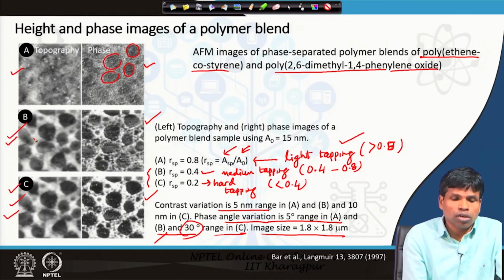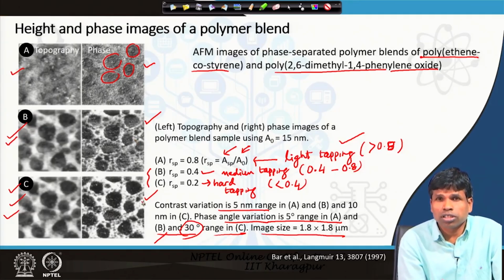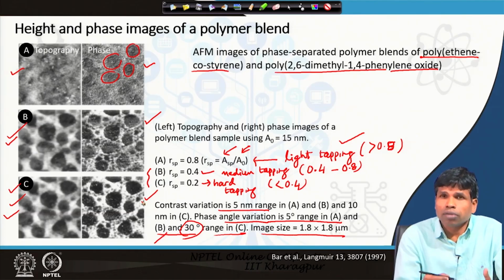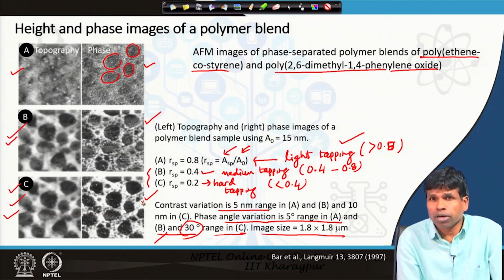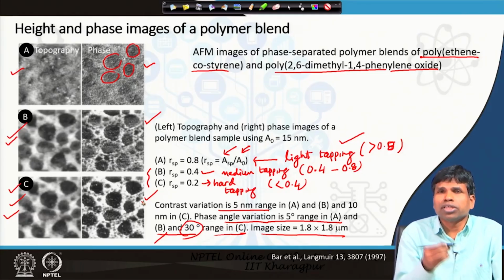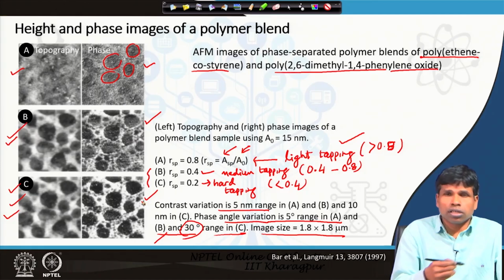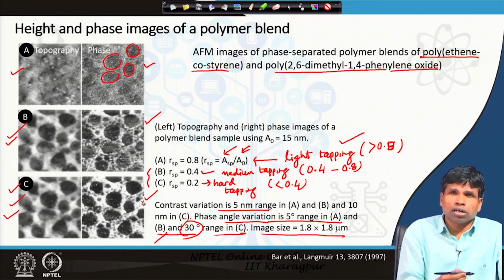But the important point here is that we could get some indication about the two phase separation in medium tapping and hard tapping. But this is a polymer sample. Medium tapping and hard tapping could deform and distort the sample. Therefore, hard tapping or medium tapping is not preferred. We have to do a light tapping so that we will not damage the surface. Even though in tapping modes the damage possibility is low, if we do hard tapping we could still damage the sample surface.